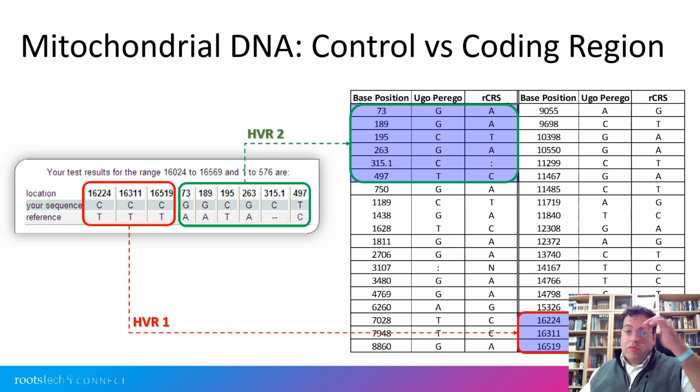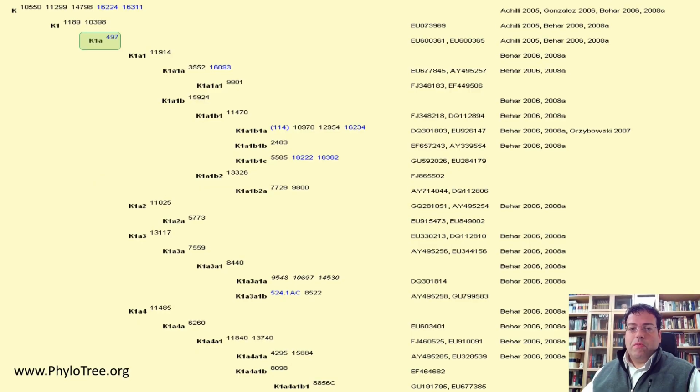It's a little bit technical, but don't worry about it. What matters to you is that if you only have a low resolution test for mitochondrial DNA, then you're really missing out on some information about your own maternal line.